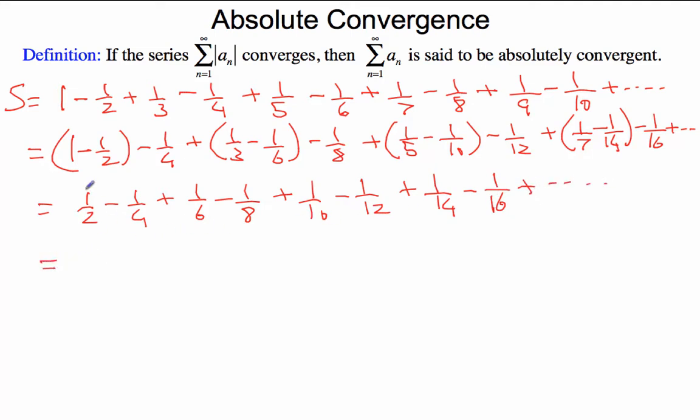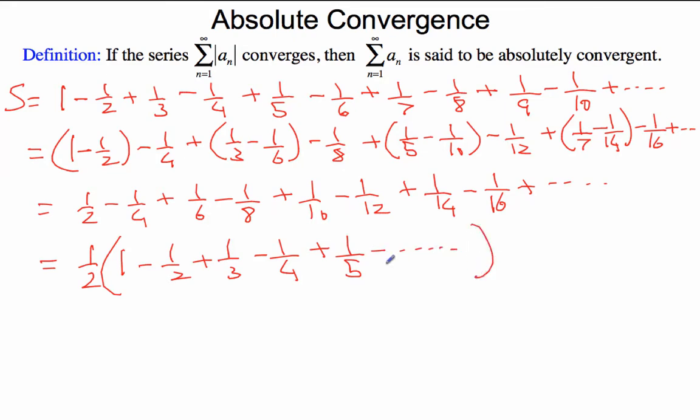Okay, so let me pull 1 over 2 out from here. That makes it 1 minus a half plus a third minus a fourth plus a fifth, and now you see where we are going. But what's over here is what we had started off with.